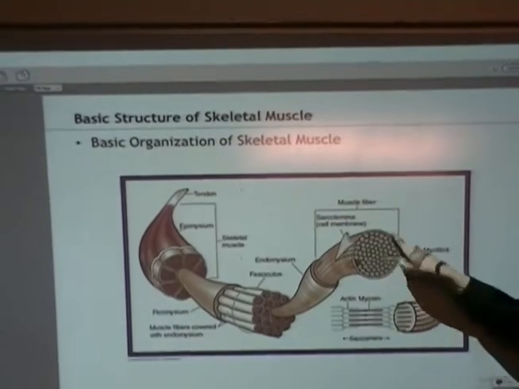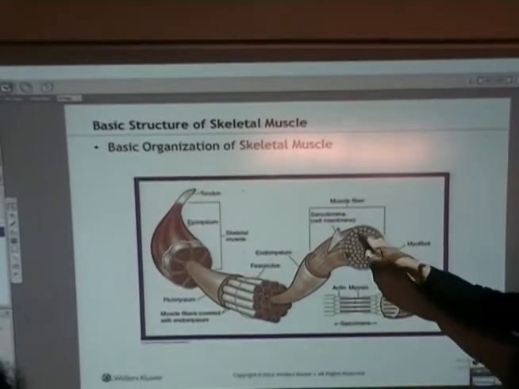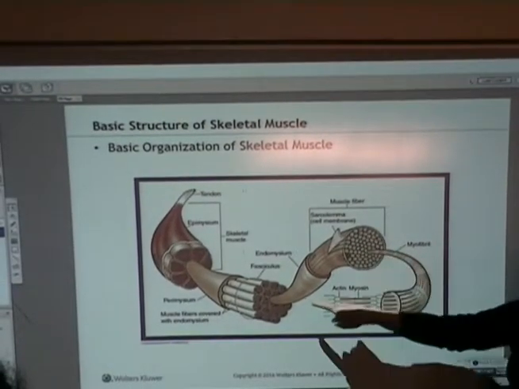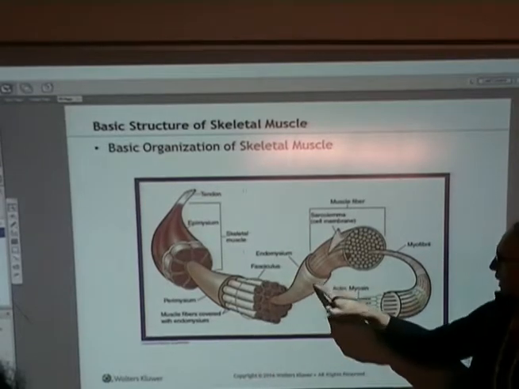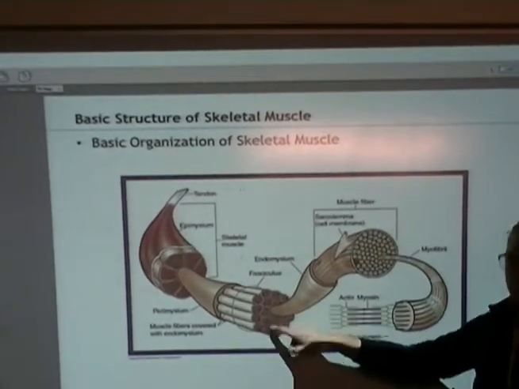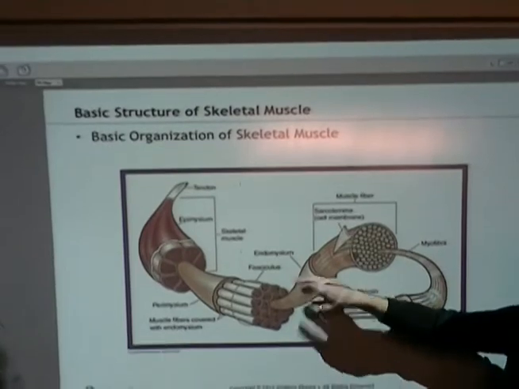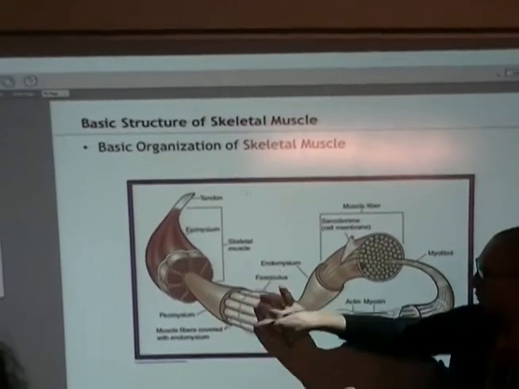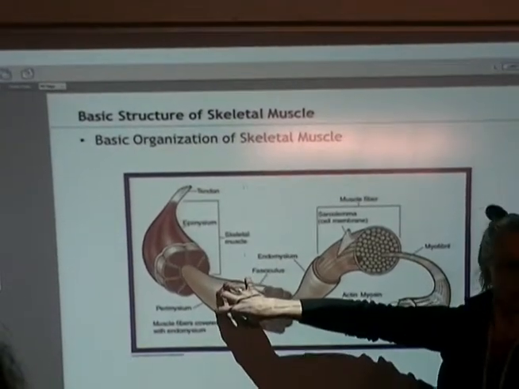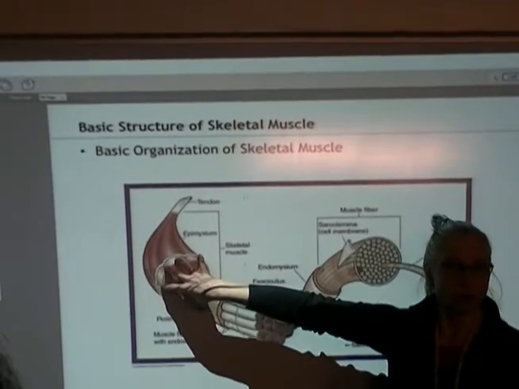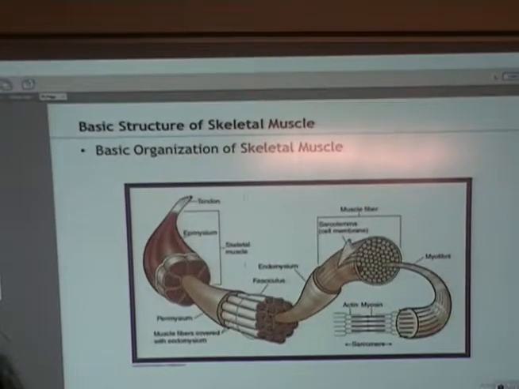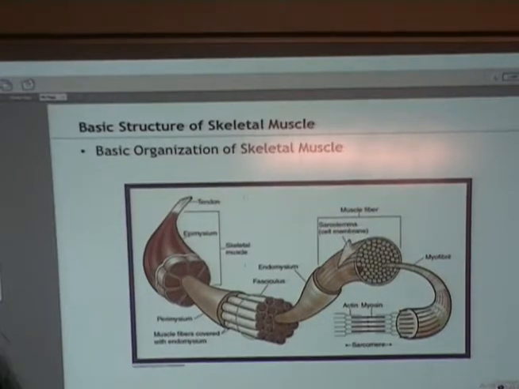This level of bundle has lots and lots of muscle cells. This level of bundle has lots of these bundles, each of which has lots of muscle cells. And then I've got several of these larger bundles stuck together to create a muscle. All right, does that look familiar?